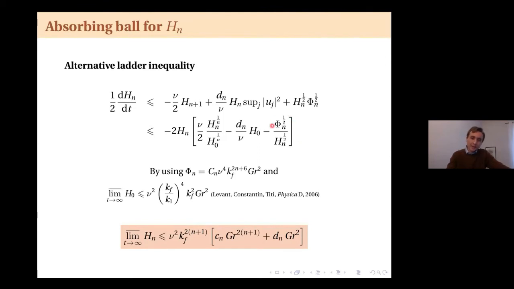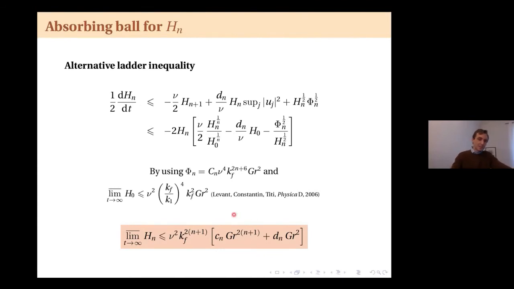Since we have a perfect knowledge of this phi n, which is related to the forcing, and since we have a pointwise estimate for the energy in terms of the Grashof number, by using these two ingredients we can also obtain pointwise estimates for the Hn themselves in terms of the Grashof number.